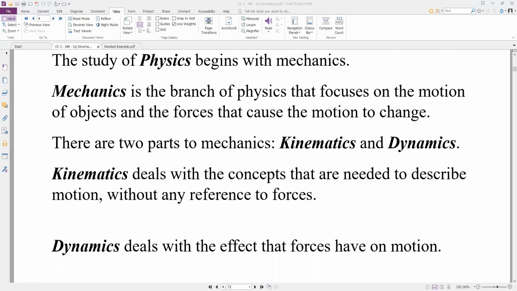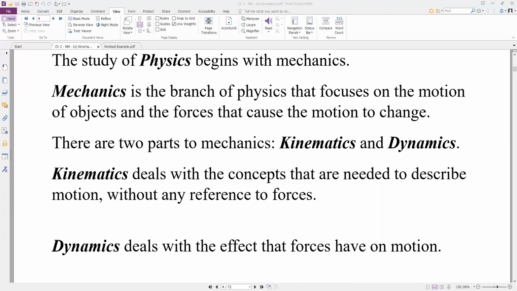First, what is kinematics? We know that before. Kinematics is the branch of mechanics connected with the motion of objects without reference to the forces which cause the motions.